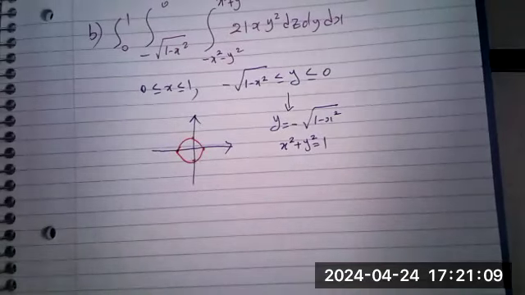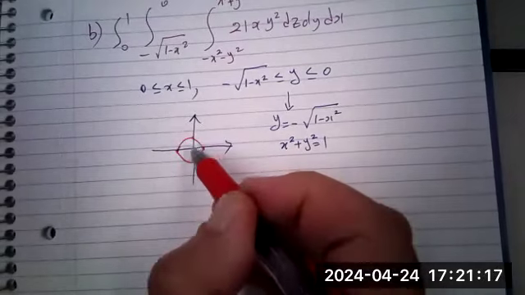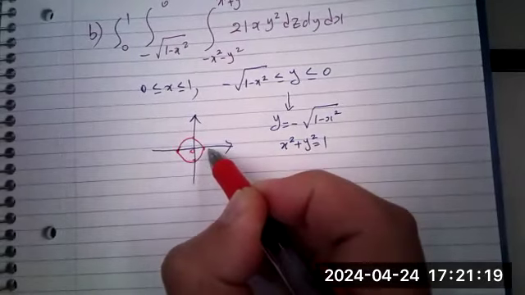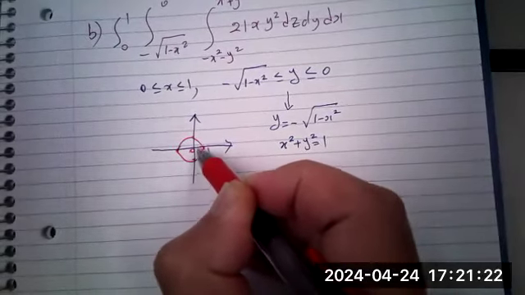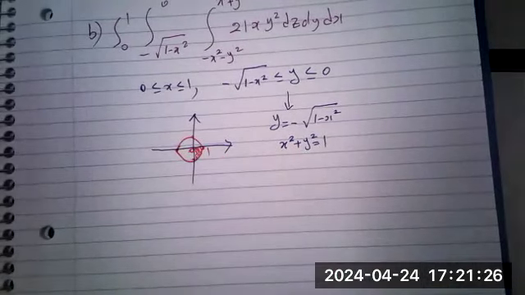So what is the situation I'm going to have? It's the lower part, but x is between 0 and 1. This is 0, this is 1. That is the point about this problem.